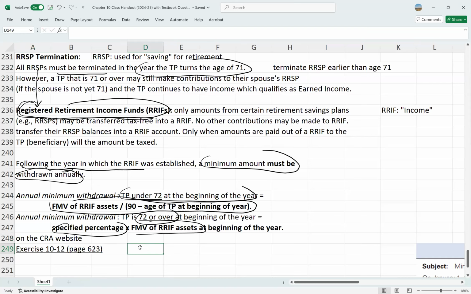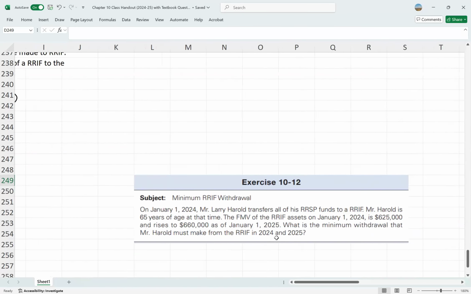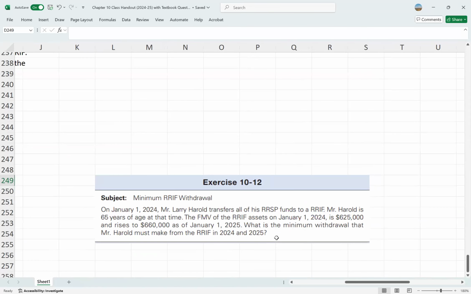So I just want to have a look at what happens if, let's say, you have a RRIF, how much would need to be taken out if you were under 72 at the beginning of the year. So let's have a look at this exercise together. So we have this taxpayer, Larry. In 2024, he transfers all of his money to a RRIF.